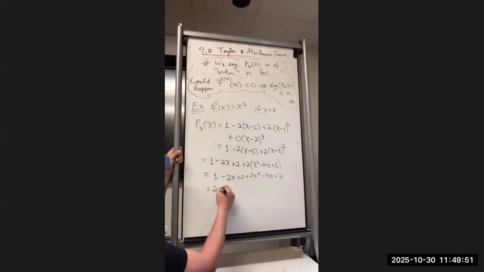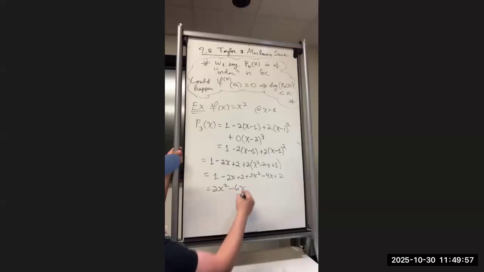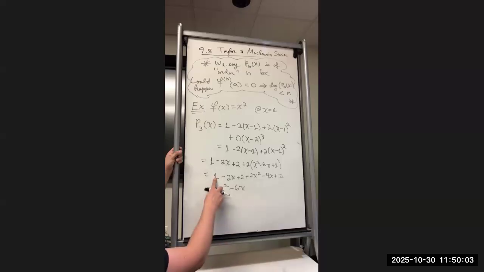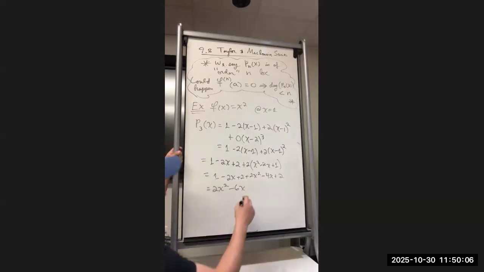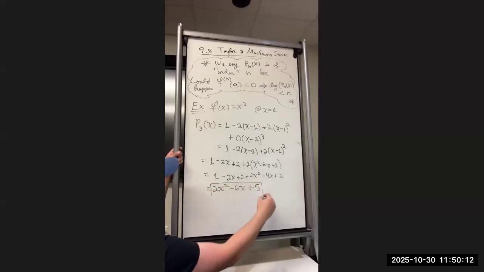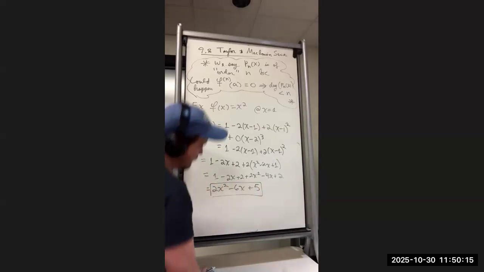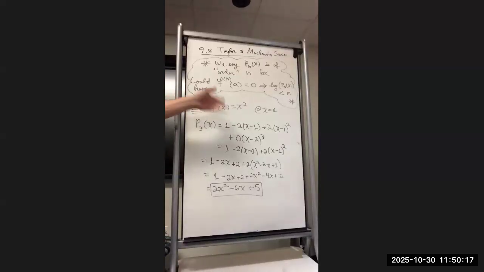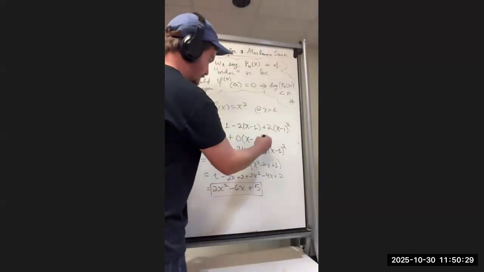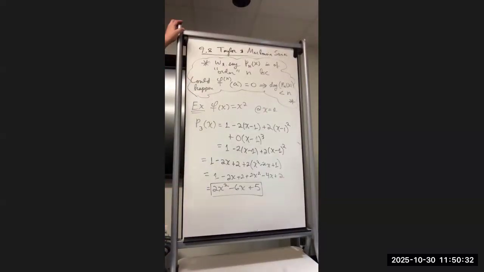We're going to have a 2x squared minus 2x minus 4x. That's minus 6x. And then we have 1 plus 2, which is 3, plus 2 is 5. So we end up with a quadratic function that is not f of x squared, right? So this is still an approximation to the function. I forgot there should have been a 1 there. But it is of the same degree as f of x squared.